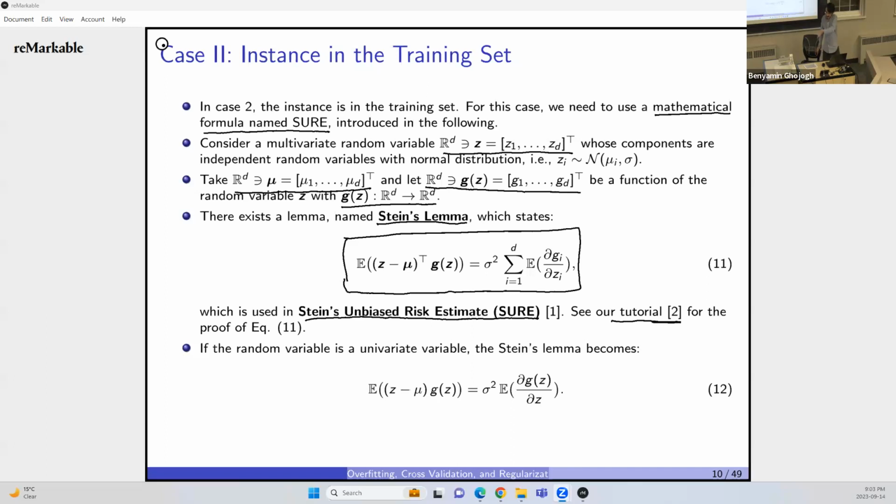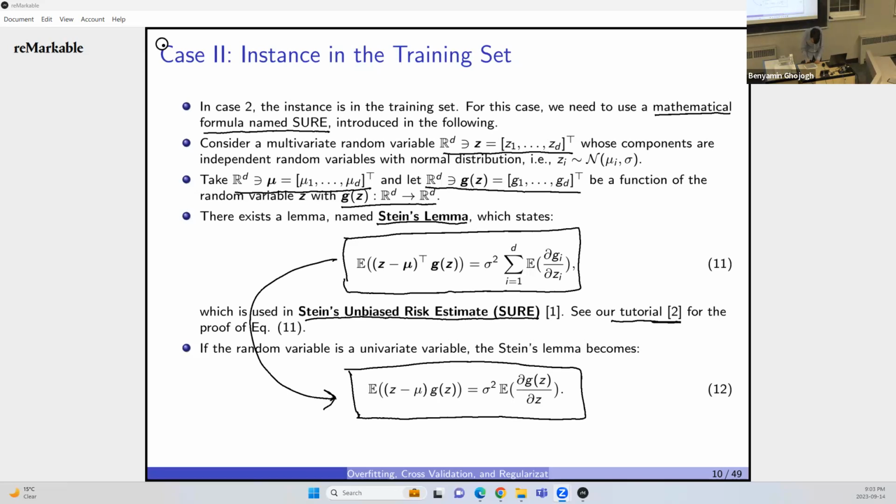For proof, see the appendix of that tutorial. This is a formula, and we are going to use that. Here z was a random variable, but it was multivariate. It had d dimensions. If it is a scalar random variable, then this equation 11 is simplified to equation 12. This is Stein's lemma for a scalar.